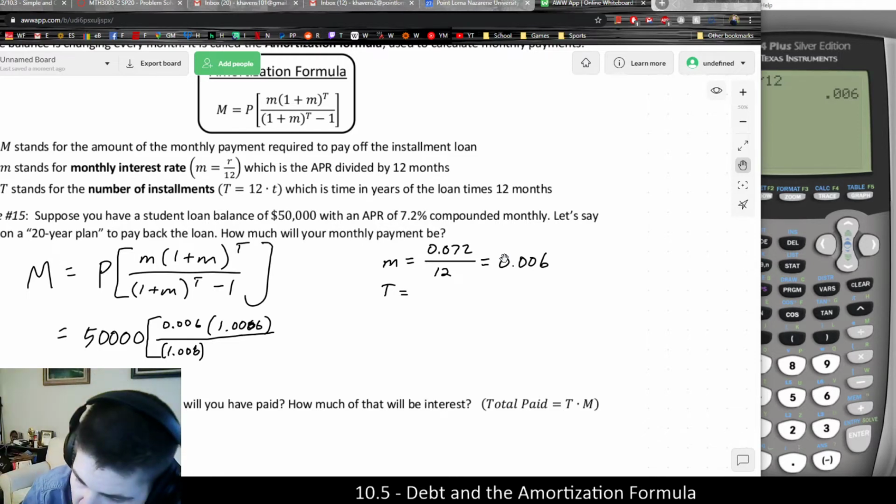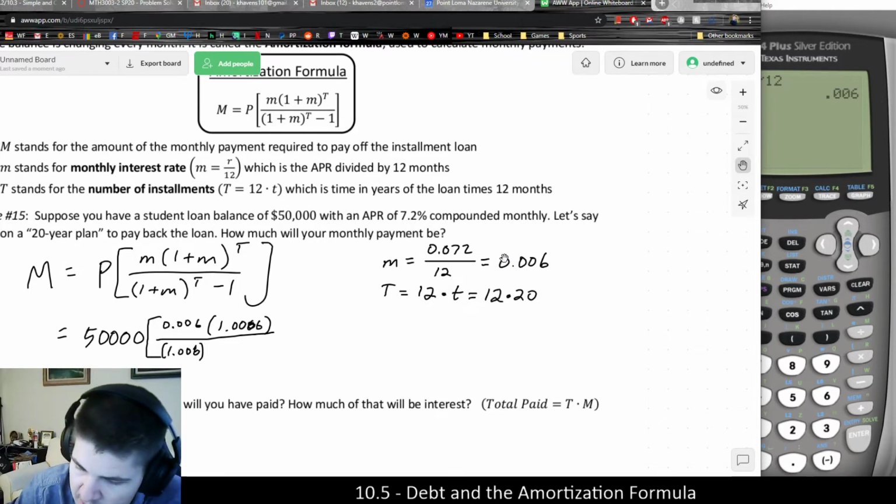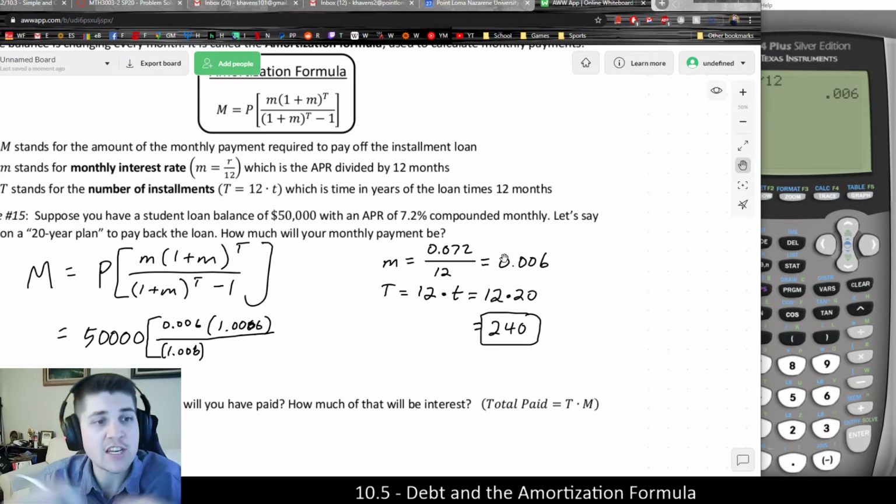t is equal to 12 times the time frame, which is in years. Since I assumed I was on the 20-year plan, that would be 12 times 20, which would be 240 installments, which is just the number of periods. Basically, there's 12 months per year over 20 years.